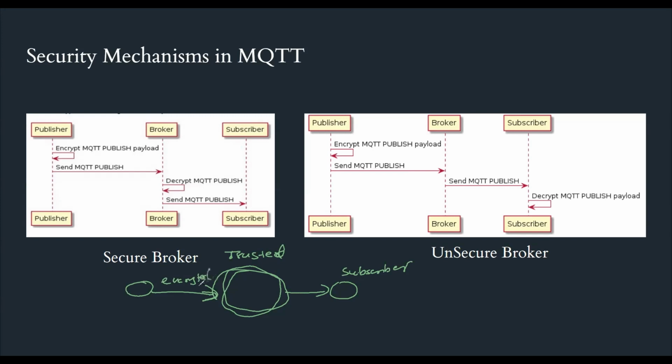Encryption means only the payload will be encrypted, only the data. The topic will be visible, since the broker needs to have an understanding of the topic. Only the data regarding that topic will be encrypted.